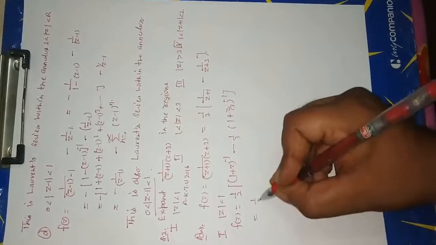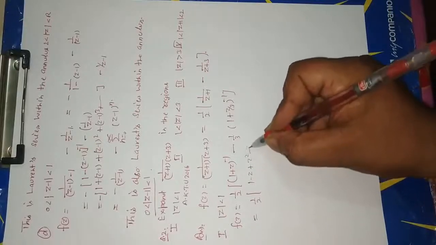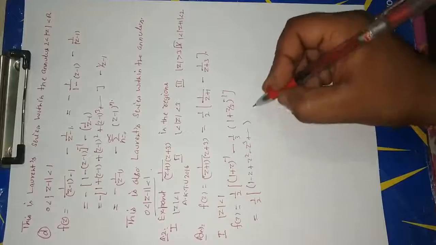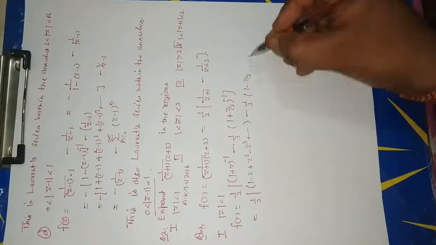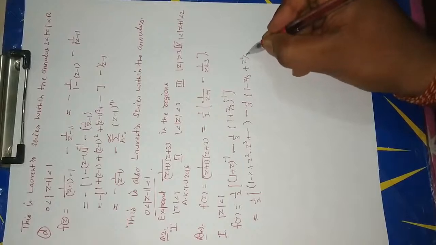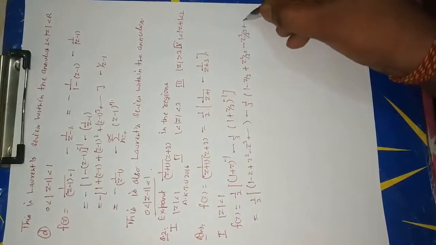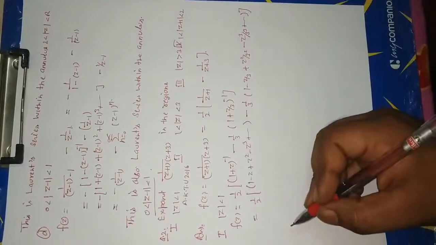This is equal to 1 upon 2 [1 − z + z² − z³ + ... infinite number of terms in this expansion − 1 upon 3 (1 − z/3 + z²/3² − z³/3³ + ...)]. Okay.